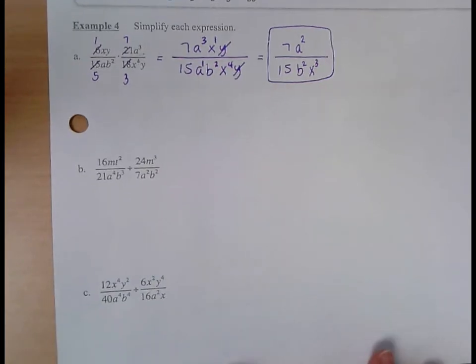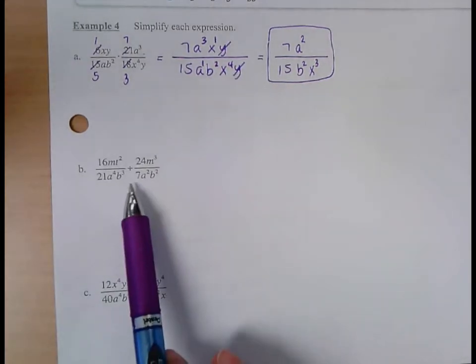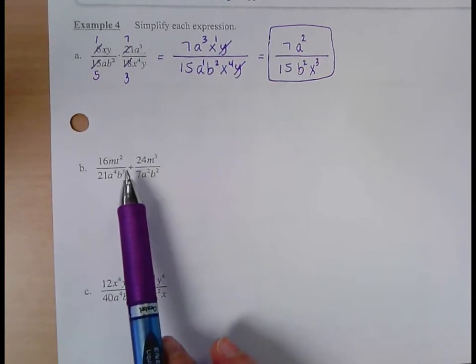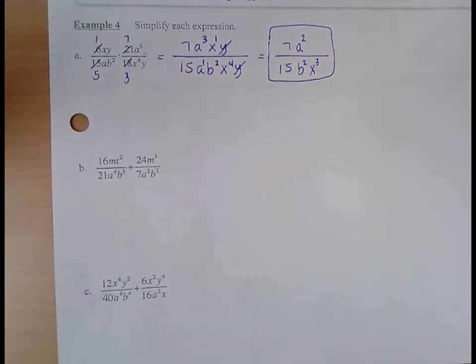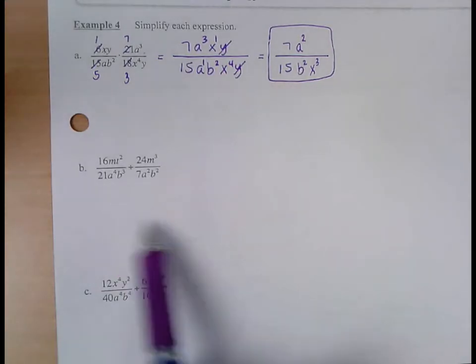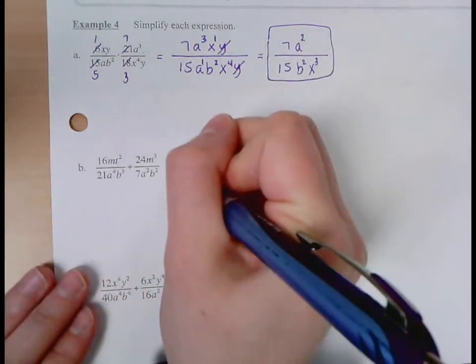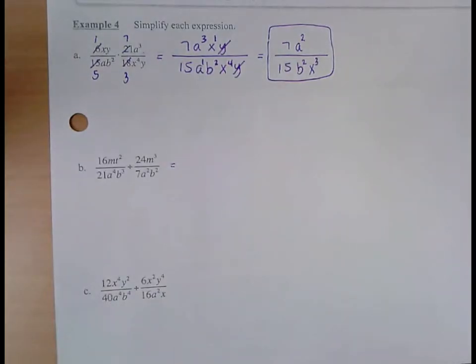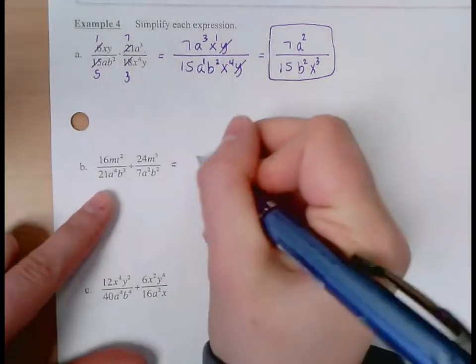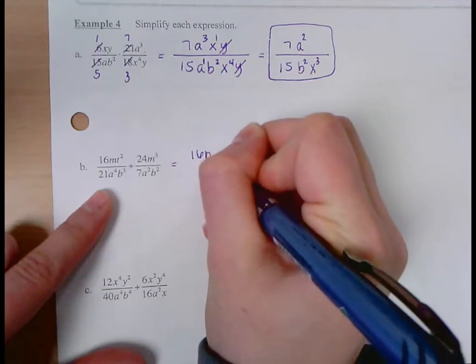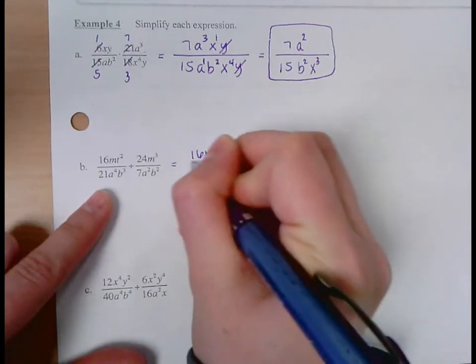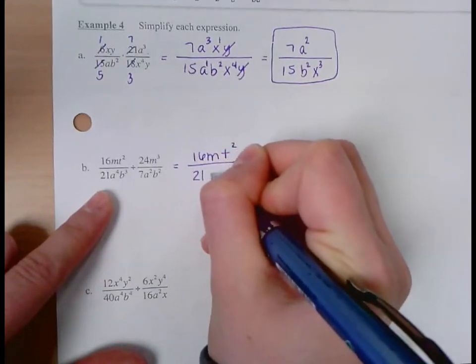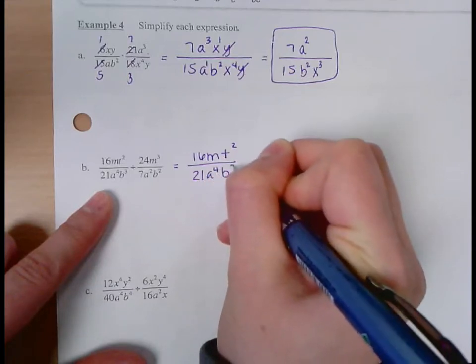And then for B, when you're dividing, pay close attention to your operation symbol. When you're dividing, there's one additional step you have to do that you didn't have to do for multiplying. You have to rewrite this as a multiplication problem. So your first fraction will stay the same, 16mt squared over 21a to the 4th b cubed.